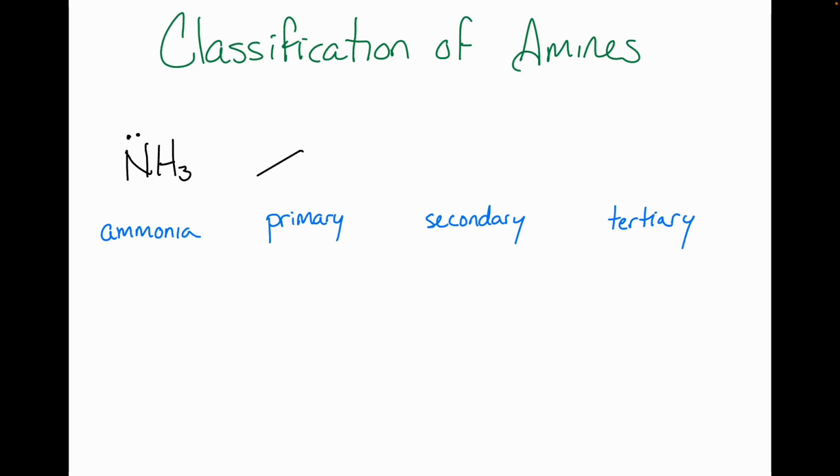A primary amine means that there is one carbon bound to that nitrogen. A secondary amine means that there are two carbons bound to that nitrogen. And a tertiary amine means that all three of those nitrogen bonds are carbons.